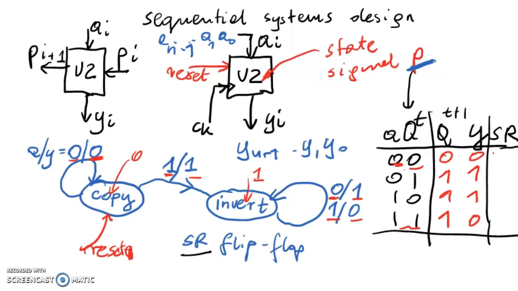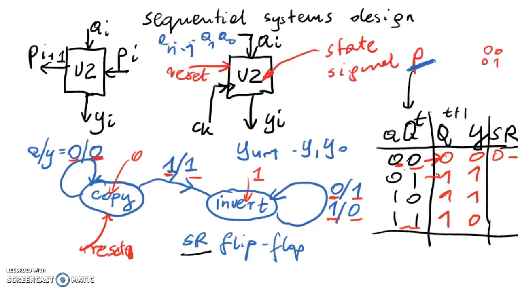And what about SR? As I hope you remember, if you've got this change from 0 to 0, you have 2 options: don't change, 0, 0, or reset, 0, 1. So you summarize it using don't care states here.